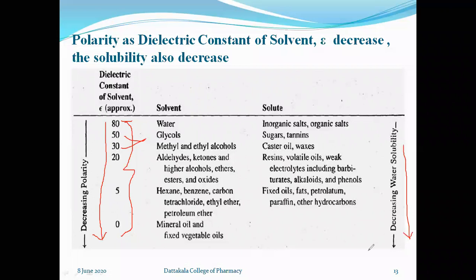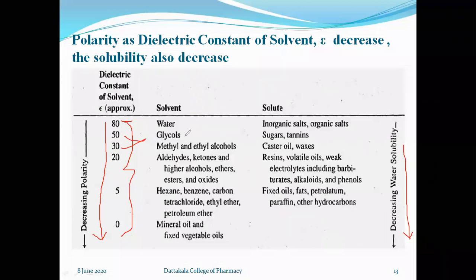the solubility of that substance in water decreases. That means if the solute is more polar, then only it will be easily or completely solubilized in water, or its water solubility will be more. Water in water will of course be more soluble.